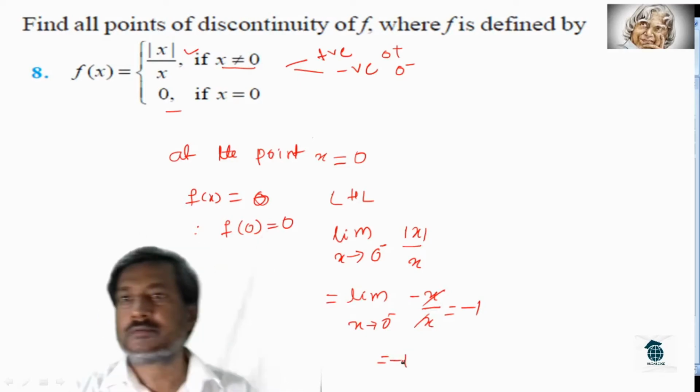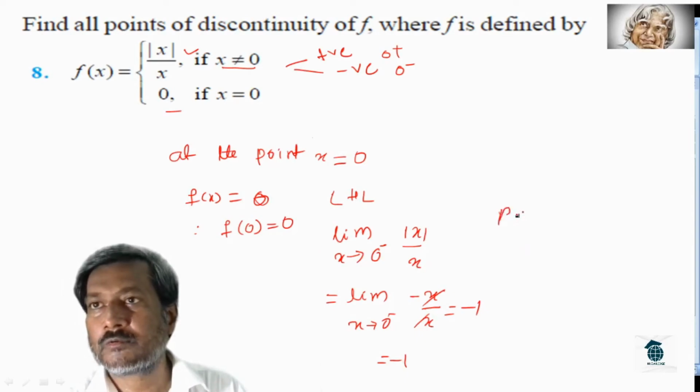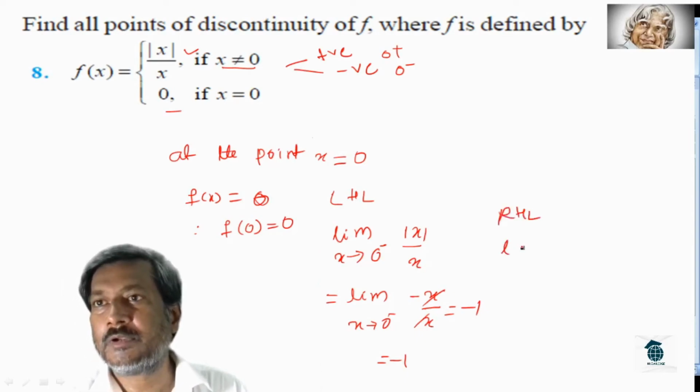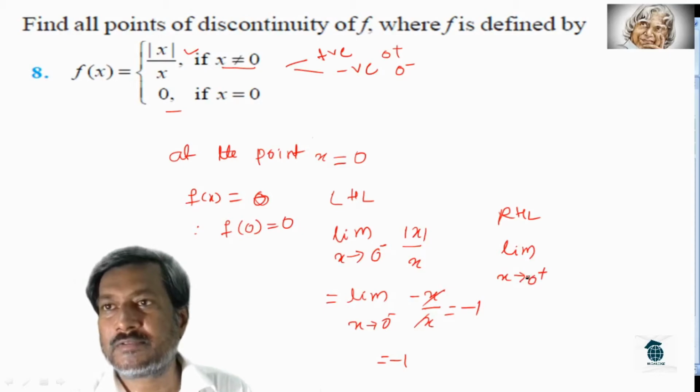And again for RHL, limit x tends to 0 plus. So once again it is not equal to 0. So therefore it is modulus of x upon x.